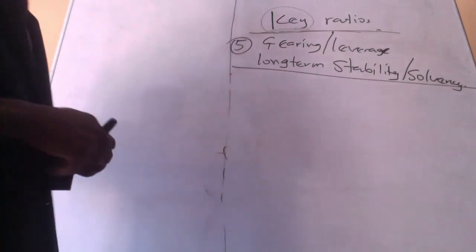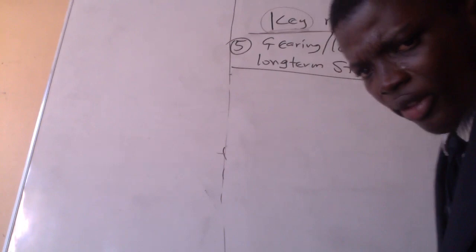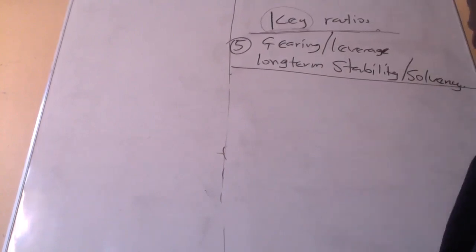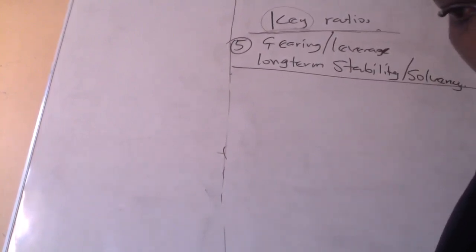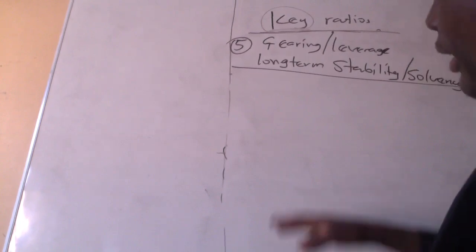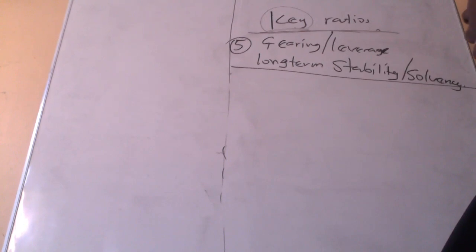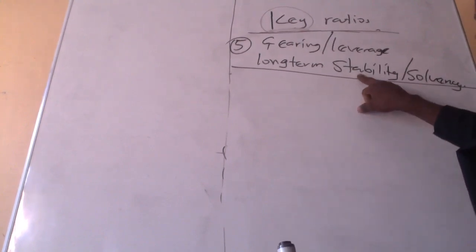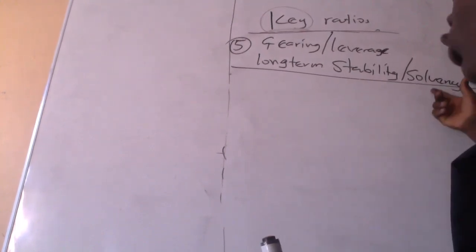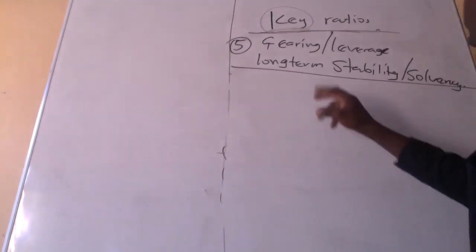So long-term solvency. For this ratio, analyze two things. Let me take a few moments to analyze gearing for you. Gearing simply means debt. Leverage also means debt. Long-term stability means, are you going to be stable? Are you going to be solvent? It basically means the same thing.